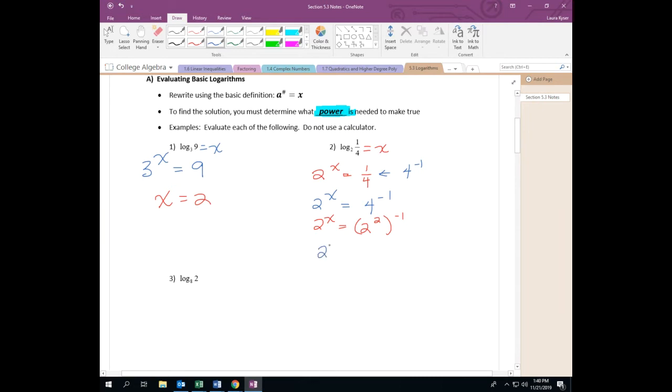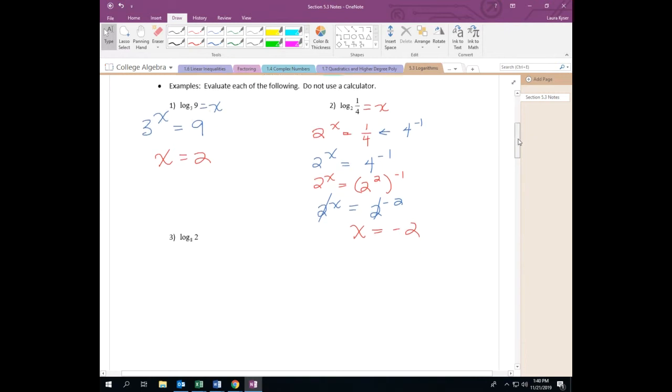So this says 2 to the x equals 2 to the negative 2. Now these 2's go, and I'm left with x equals negative 2. This might have been very obvious to you from the beginning, or maybe it wasn't. But we have the methodology to solve something like this because we did it in the last section.